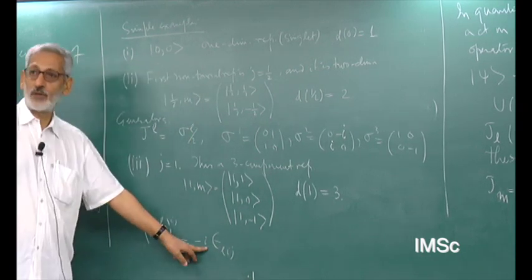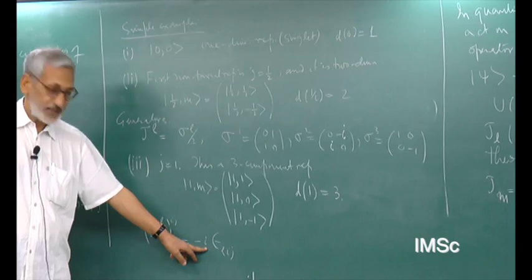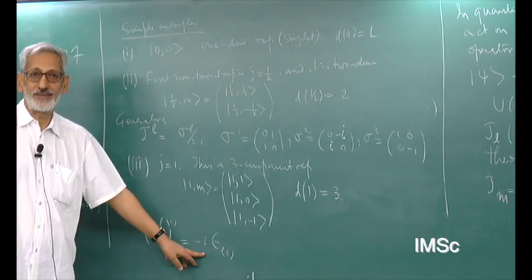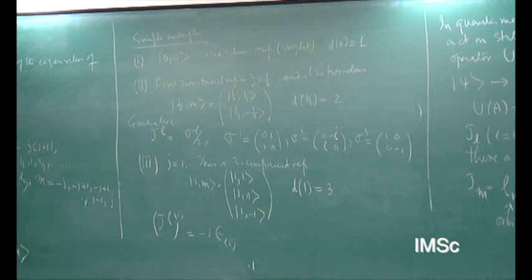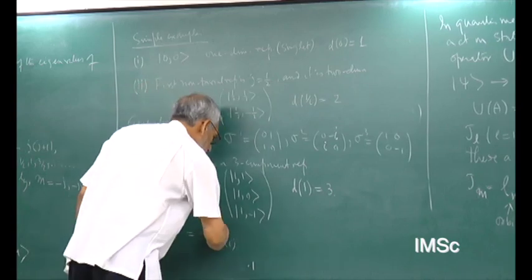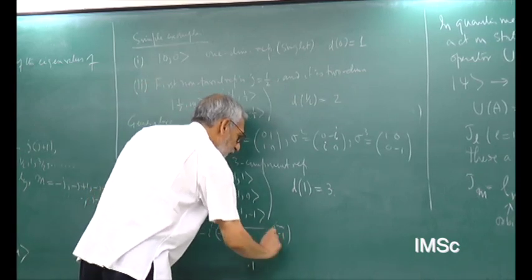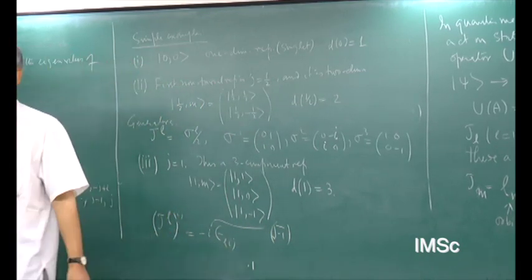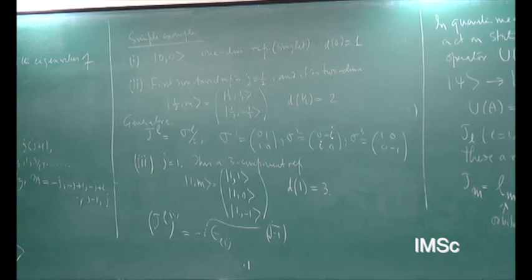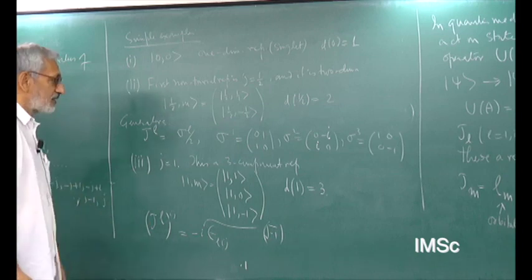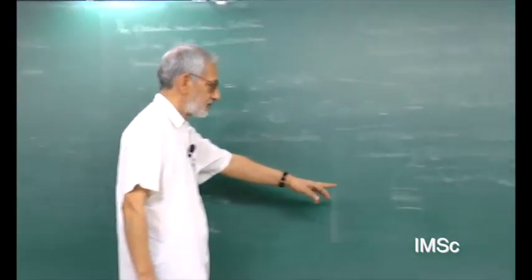This i is the square root of minus 1 and this other index is a label, which takes values 1, 2, 3. Bad notation. Is that clear? Check for yourself that these 3 cross 3 matrices satisfy the algebra.